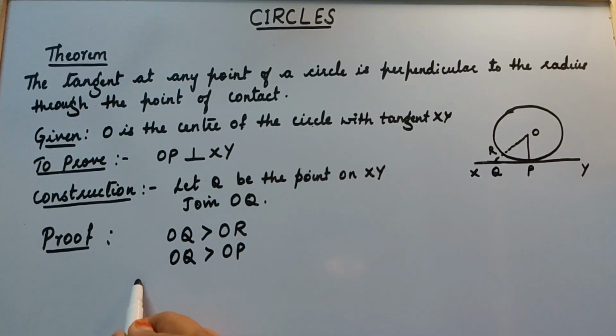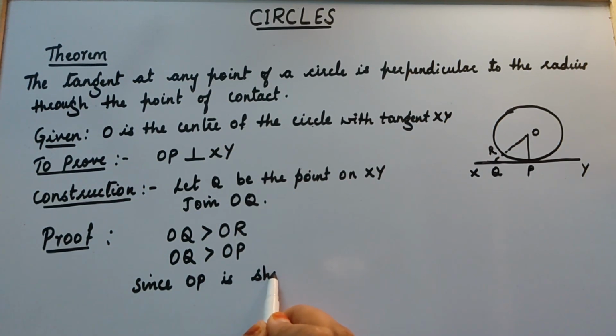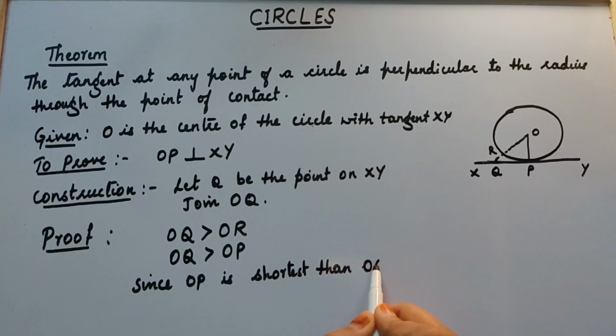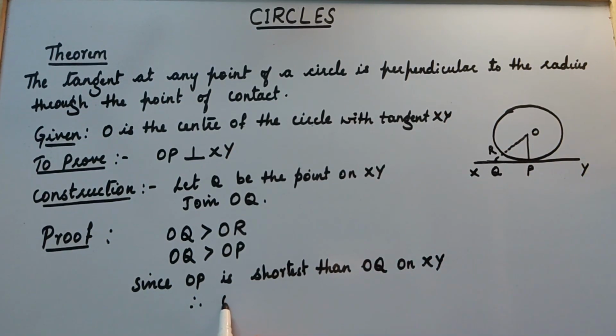Since OP is the shortest distance from O to XY, therefore I can say that OP is perpendicular to which line? XY. So we have proved it, students. I hope everybody has understood this.